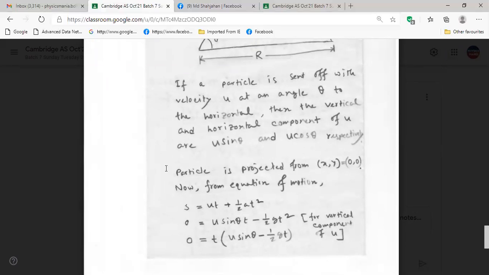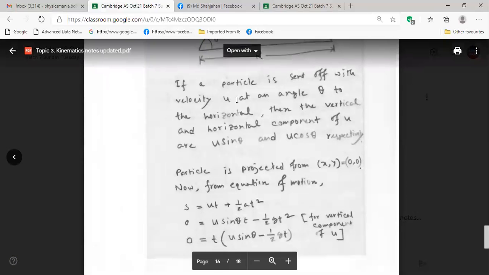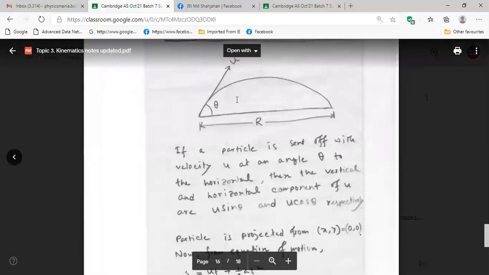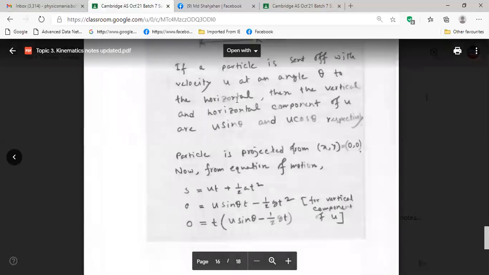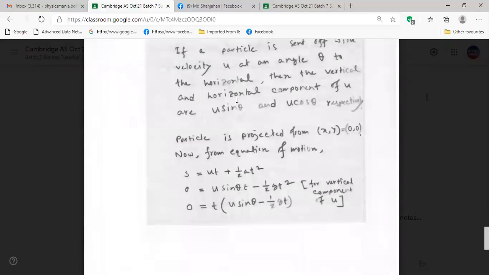So here, look, we are throwing the object upwards, right? As we are throwing it upwards, we are working against gravity. If we are working against gravity, that time our g is negative, right?